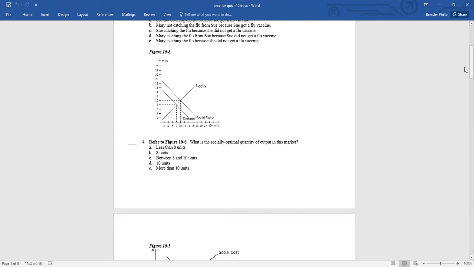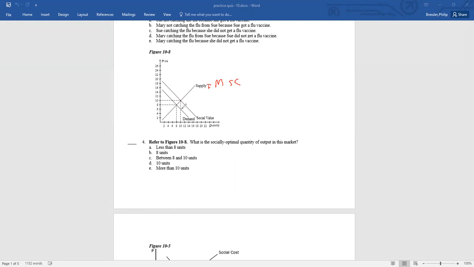And the supply curve could equal marginal social cost. So when we're looking here, the optimal is where marginal social cost intersects with marginal social benefit or social value, which is here. They're asking you for the quantity, right? So if I go down, that's going to be 10 units.